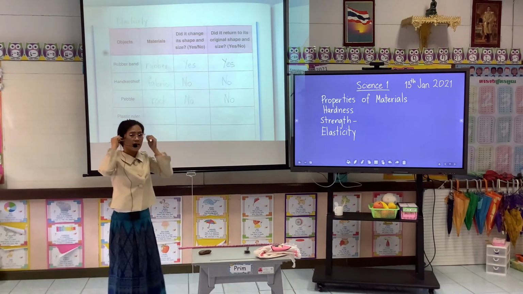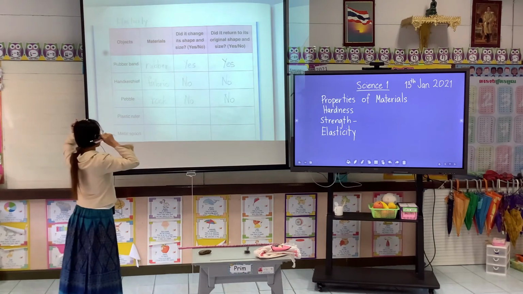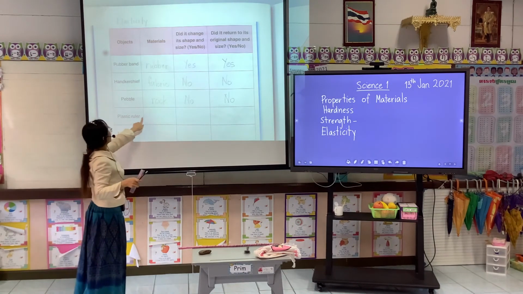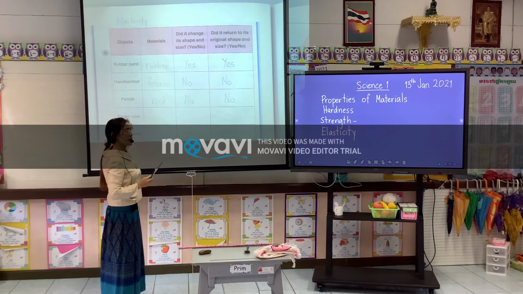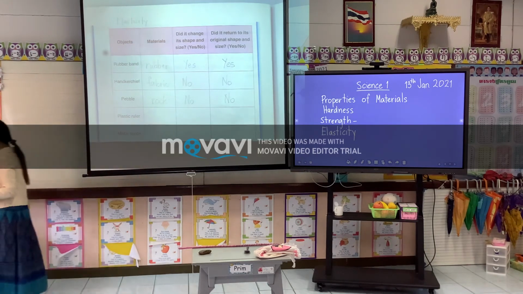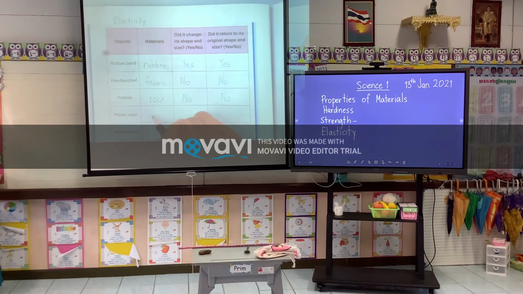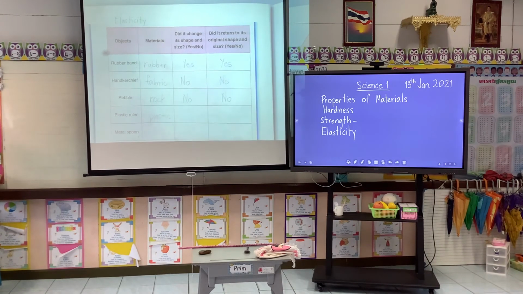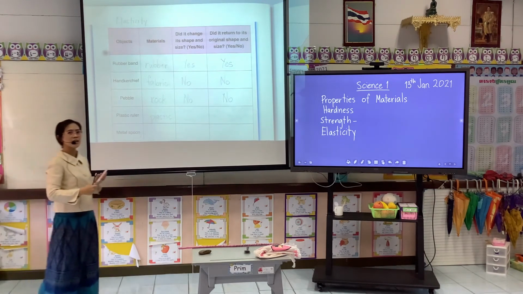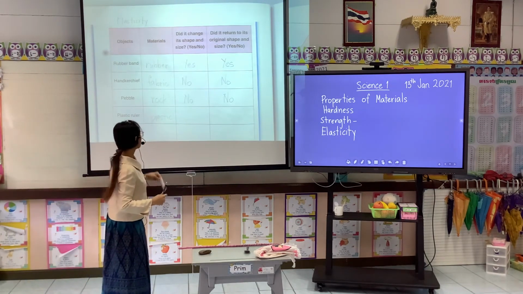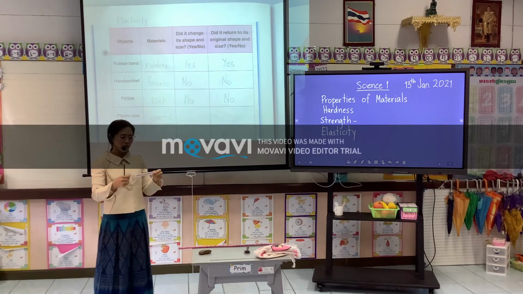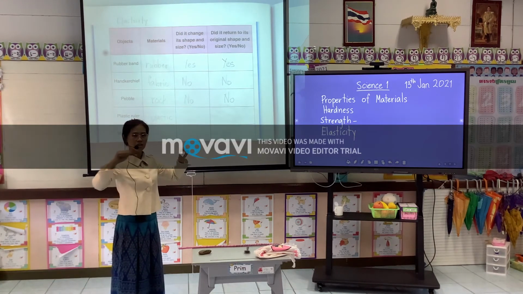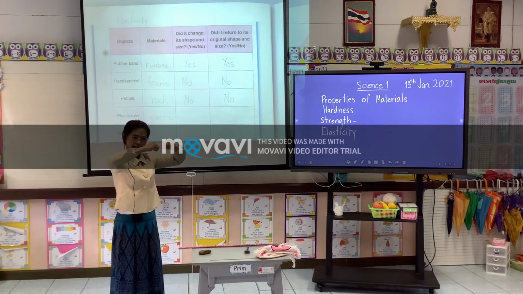What about the plastic ruler? The plastic ruler is made of what material? Obviously, it's plastic. There are many kinds of ruler: plastic, wooden, and metal. But this one is plastic. Again, we are going to try to stretch the ruler.